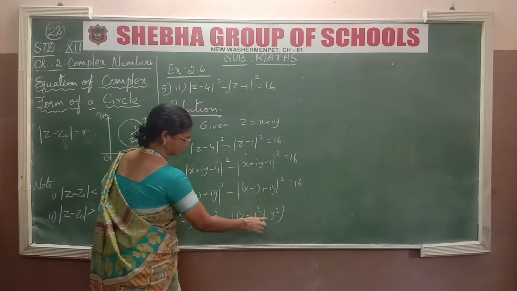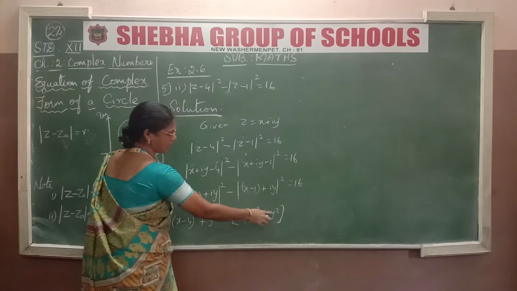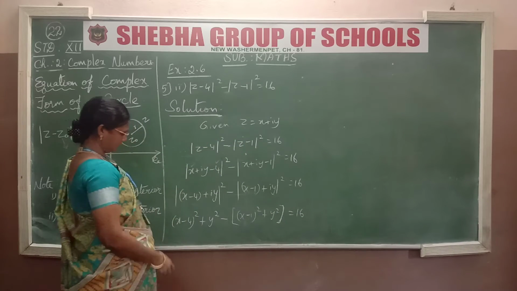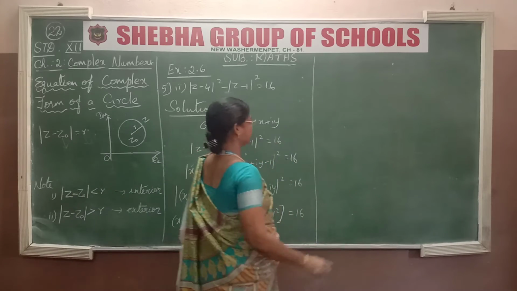There are two terms, so we put bracket. This minus is common to both, isn't it? So put bracket equal to 16. Now we expand this using the formula a minus b whole square.